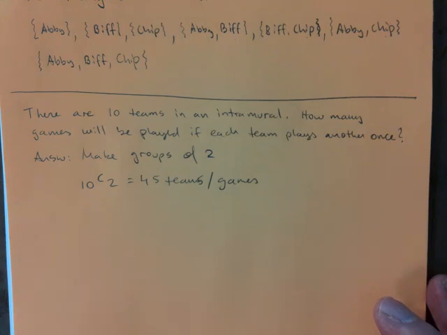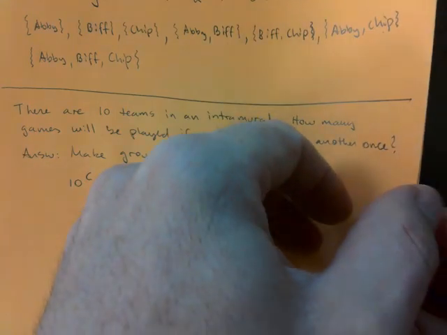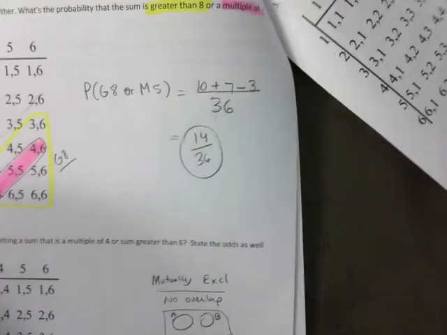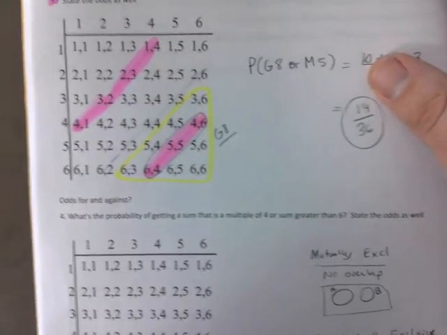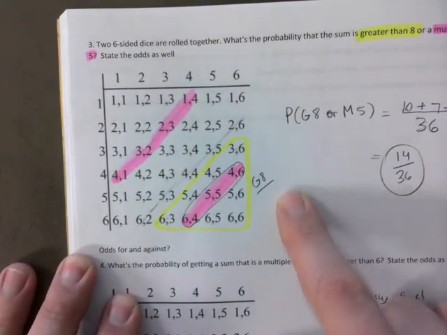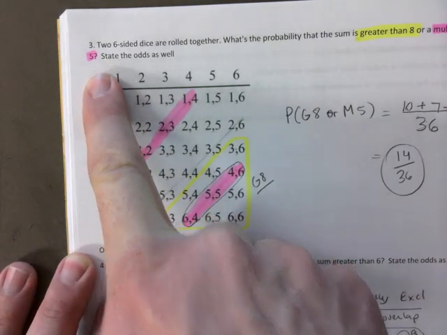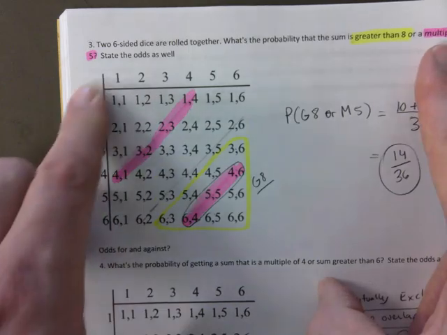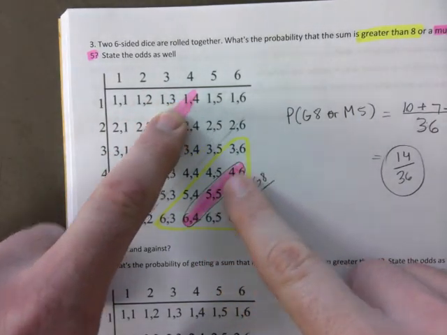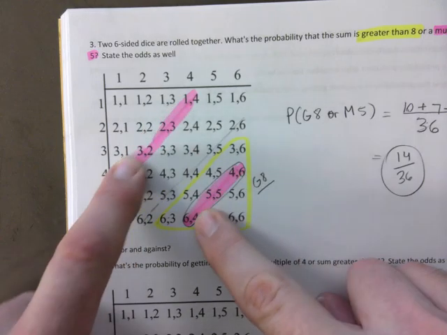Also, when it comes to outcome tables, watch for overlap. Like if it's 2 events that they're talking about, maybe I can just briefly mention it if I have it right here. Okay, this would be on page 31 of your booklet. So if it's asking for the sum greater than 8 or a multiple of 5, okay, my multiples of 5, I highlighted them, because these sums would give me a multiple of 5.